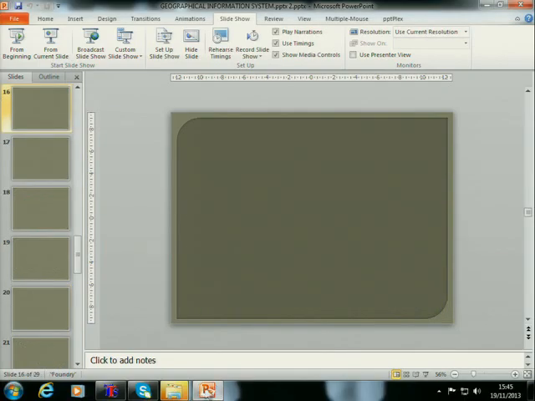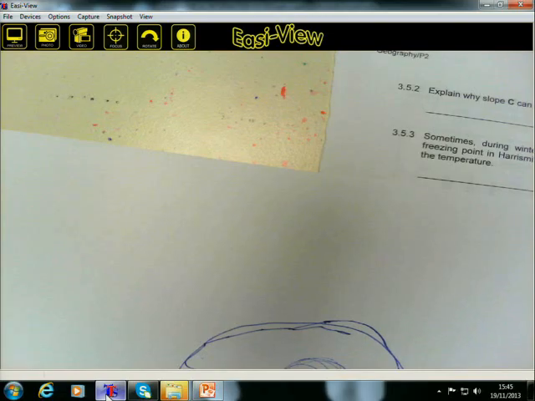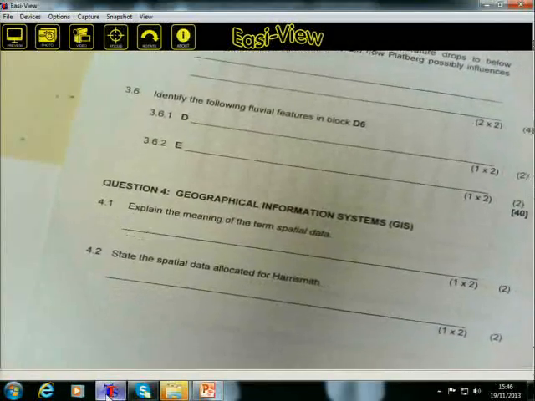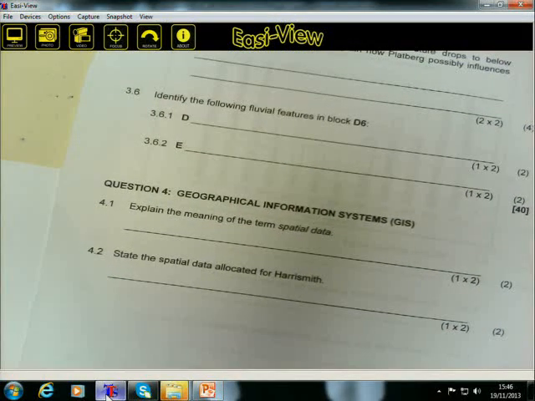Now I want to move straight to your question papers that we must work with under question 4, which is your GIS. The very first concept in front of you is where we explain what spatial data is.